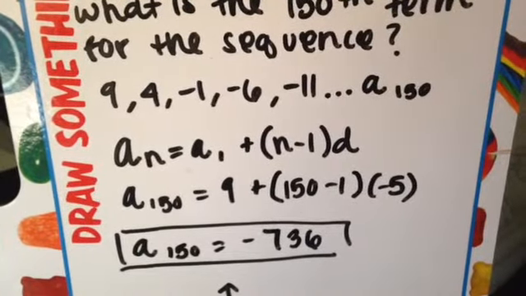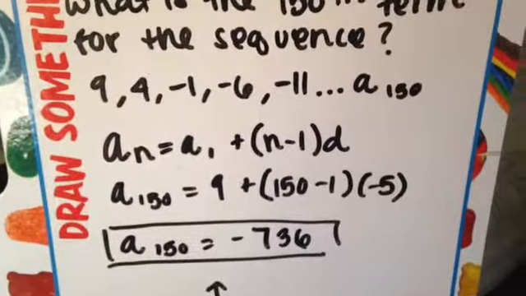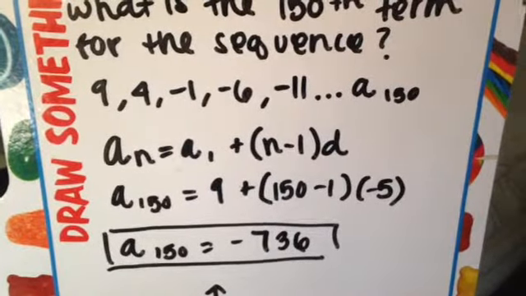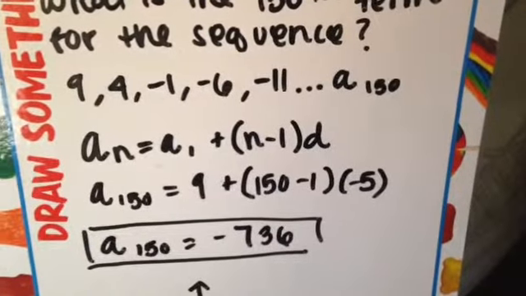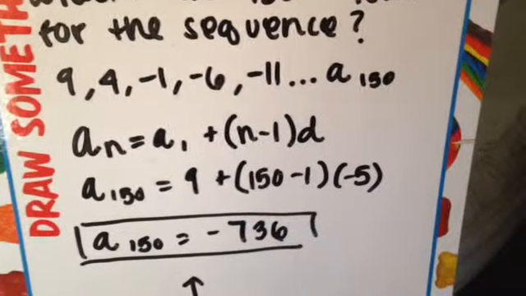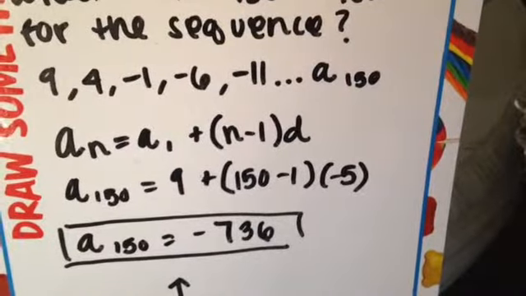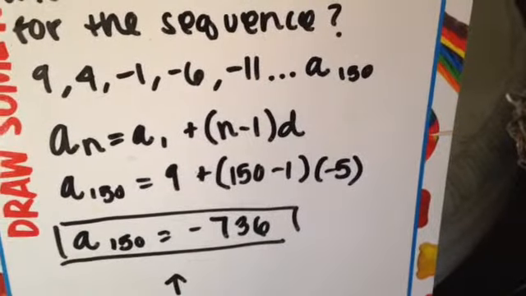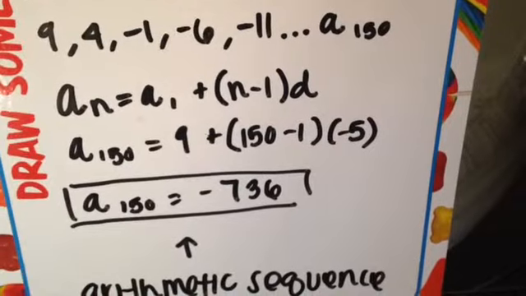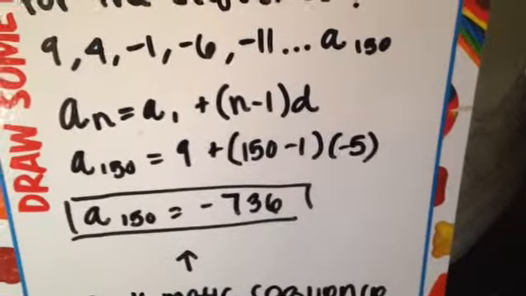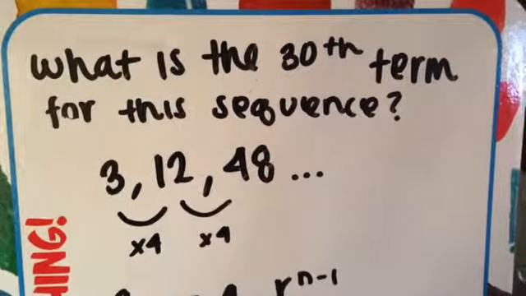So n equals the number of terms you need, a1 equals the first term, n minus 1 is the number of terms minus 1, and then d is the common difference, which is negative 5, because you're subtracting every time you move to a different number. So once you solve, you get negative 736.